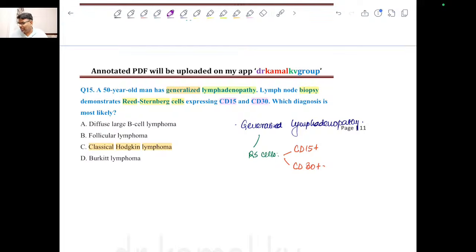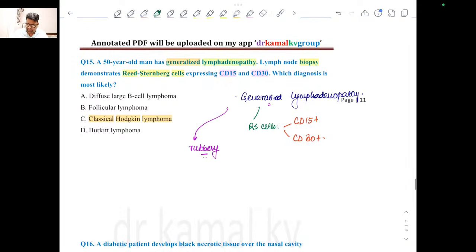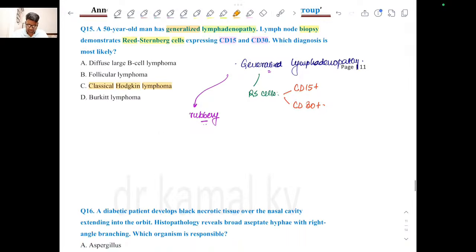Okay, so this is classical Hodgkin's lymphoma. Very good. Yes, wonderful, wonderful. And here, if you feel the lymph nodes, they are rubbery, then Pel-Ebstein fever, and many things. But for the time being, just remember CD15, CD30 positive, Reed-Sternberg cells, go for classical Hodgkin's lymphoma.